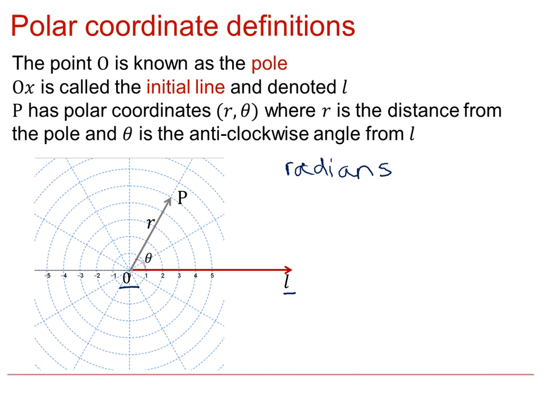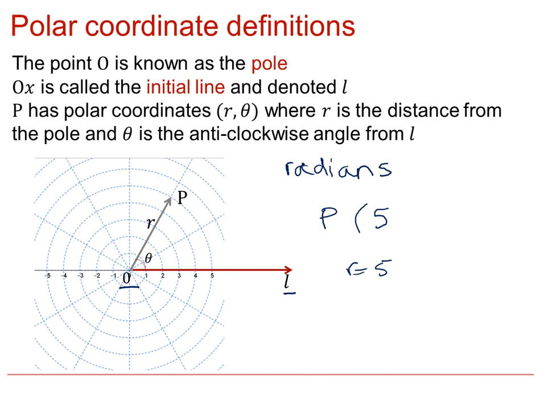If we wanted to write this point here, P, in terms of r and theta, on the grid we can count out 1, 2, 3, 4, 5 in terms of the rings, so r is 5.